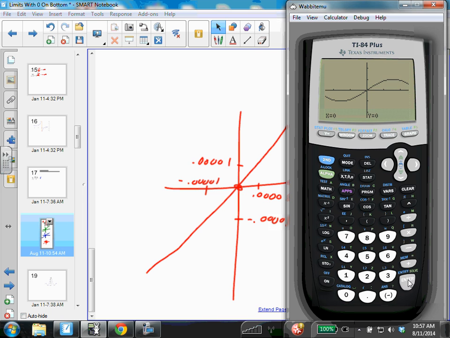And I'm going to do it again. Zoom 2, enter. All right, zoom in. One more for good measure, right? Zoom in.